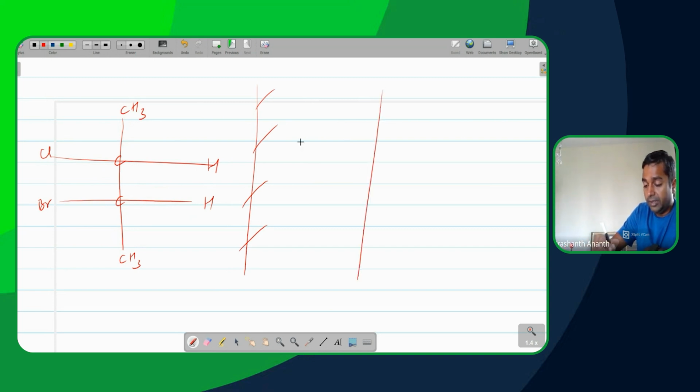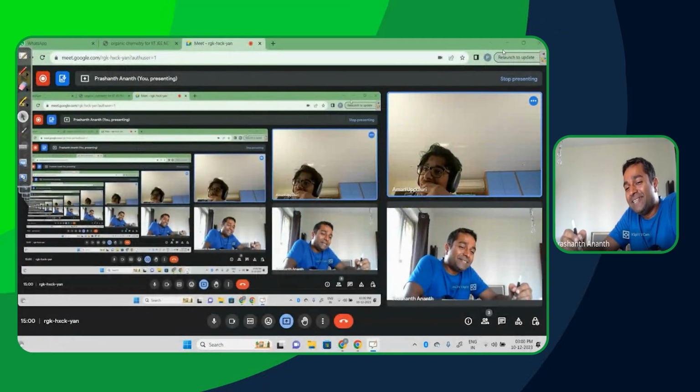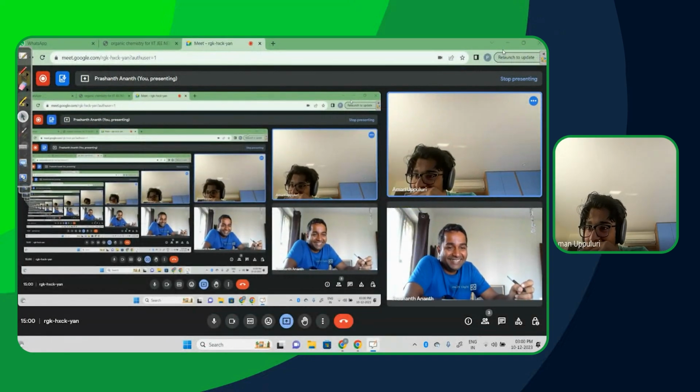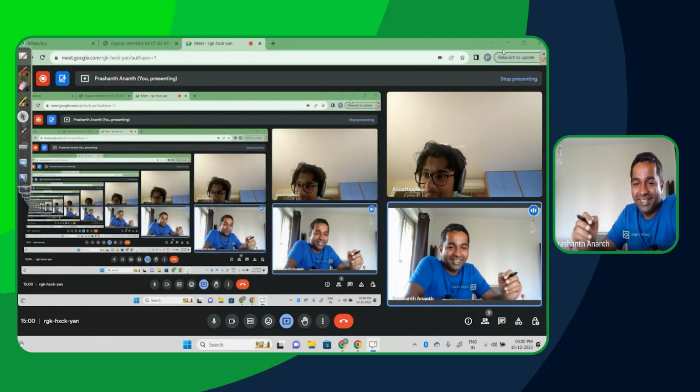So the mirror image for this is going to be this. Now, the previous one you drew was not optically active because it had a planar symmetry. Yes, this makes sense. The moment I drew it, I realized what I did.